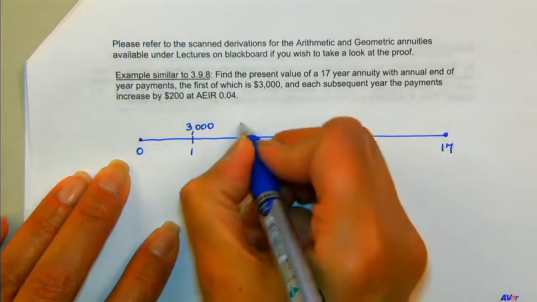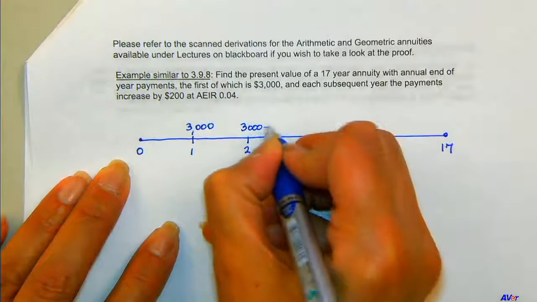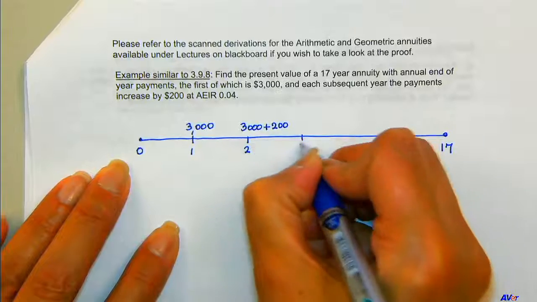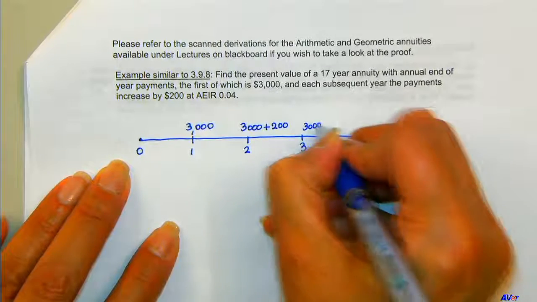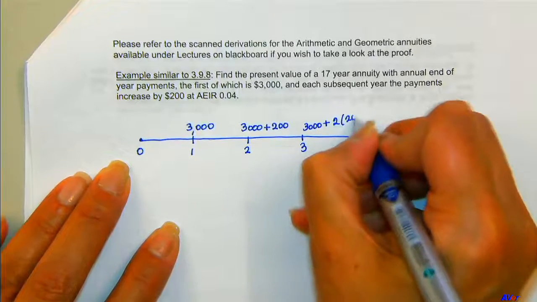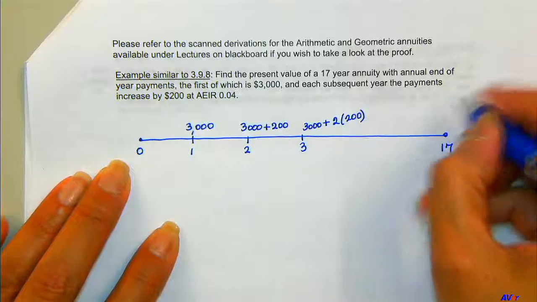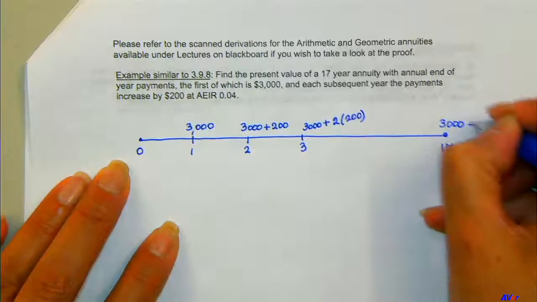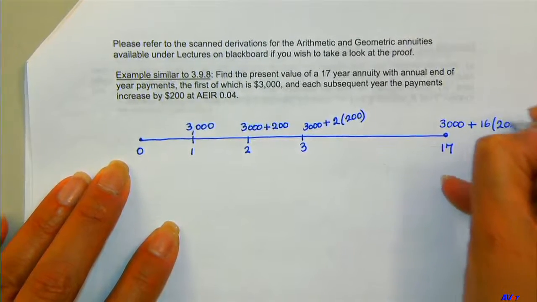So at time 2 the payment would be $3,000 plus $200. At time 3 it would be $3,000 plus 2 times $200. And at time 17 it would be $3,000 plus 16 times $200.